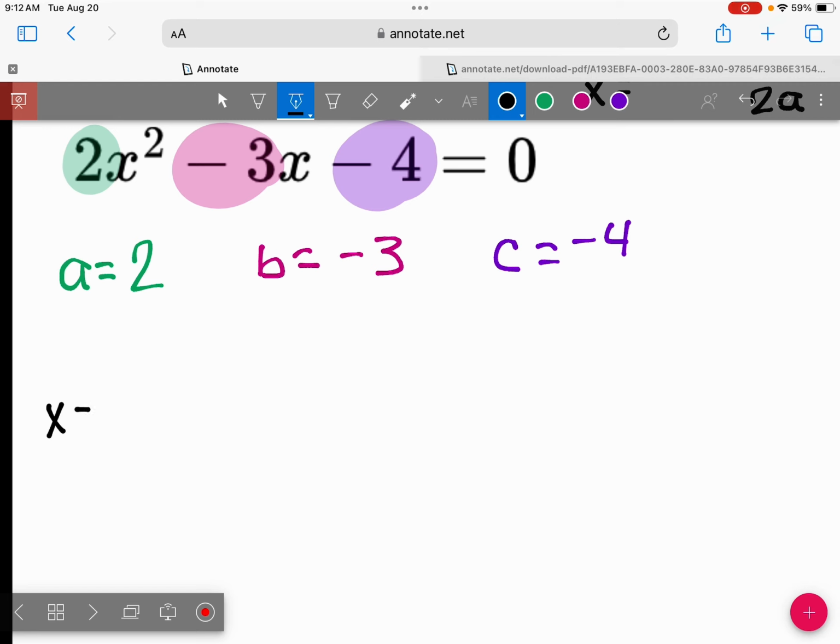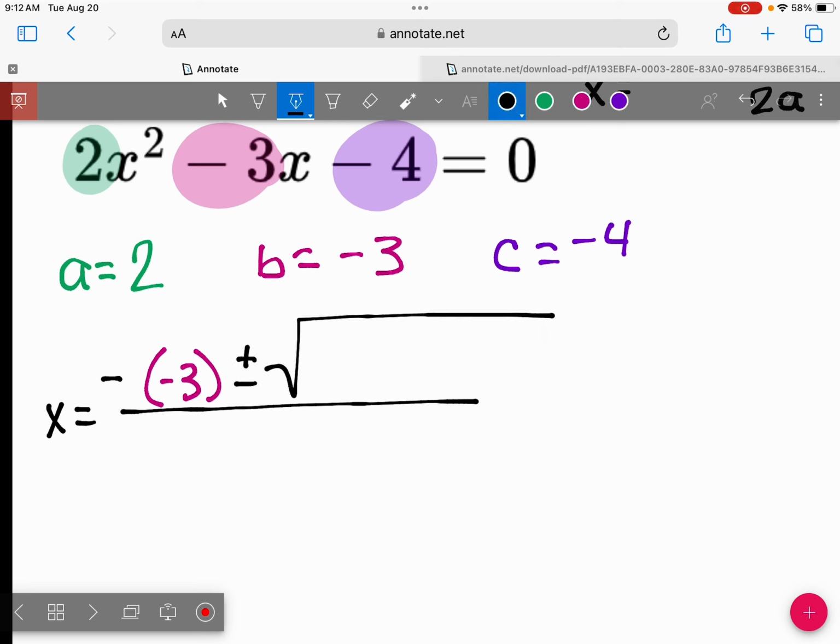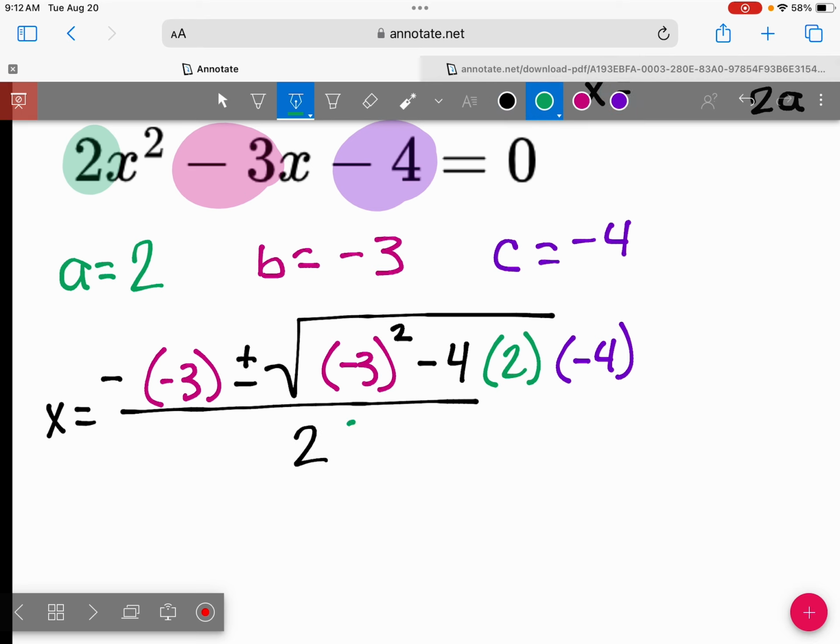So we're going to have x equals the opposite of b plus or minus the square root of b squared minus 4 times a times c divided by 2 times a.